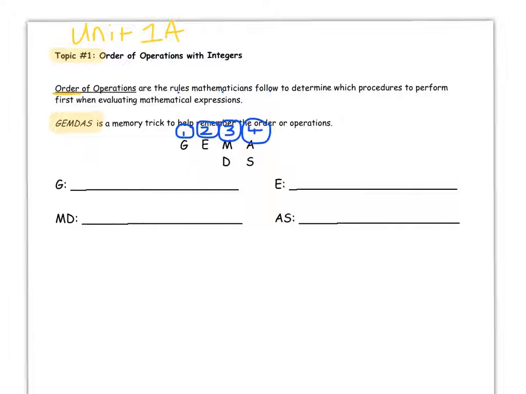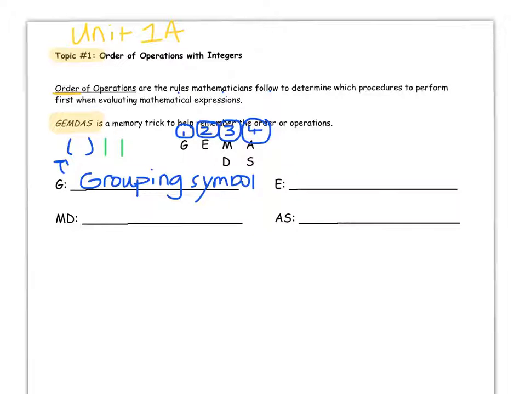So G means any sort of grouping symbol. A really common one, I'm going to draw it up here, could be parentheses. Another really common grouping symbol could be absolute value bars.